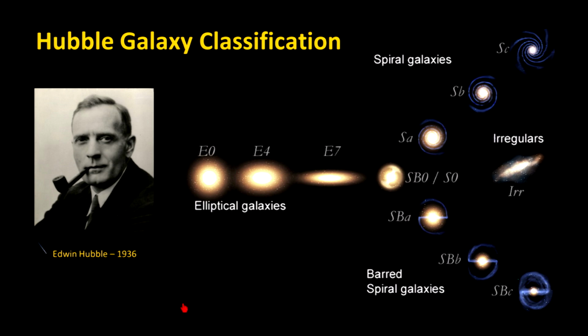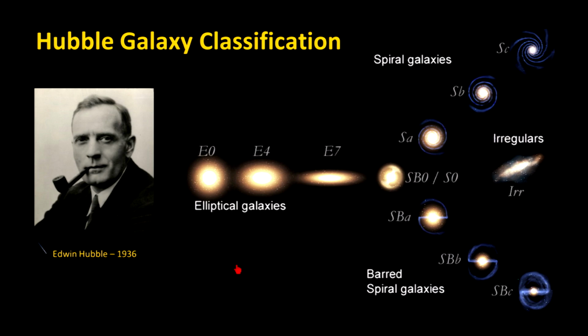By taking photographs and measurements of lots of examples of galaxies, Hubble was able to notice that there seems to be a classification scheme of galaxies, meaning that there were certain categories that galaxies fit into when it came to their shapes and their sizes. There are not a million different types of galaxies or a million different shapes. It turns out there's just about 4, arguably 5 different shapes.